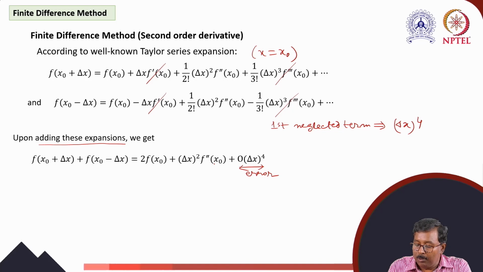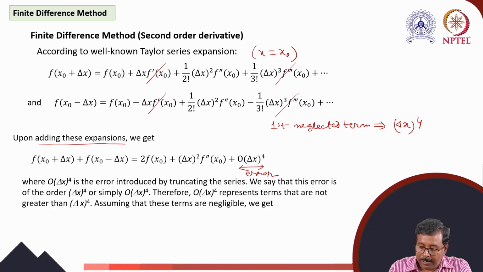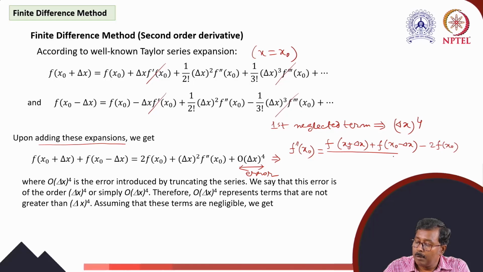Our intention is to calculate f double dash x0. So f double dash x0, that is the double derivative, will be equal to f x0 plus delta x plus f x0 minus delta x, left hand side minus twice f x0, divided by delta x whole square, and the rest of the terms we have neglected.